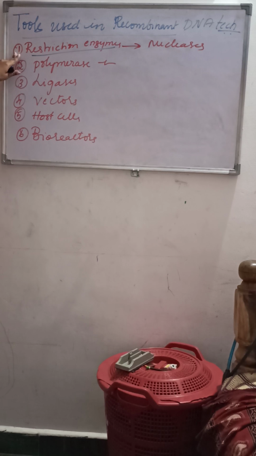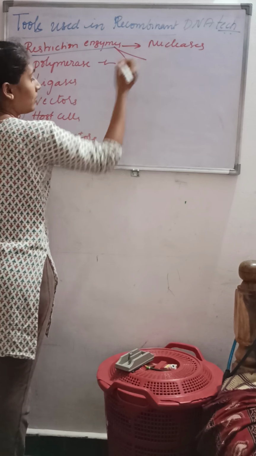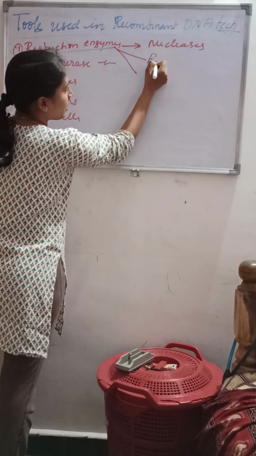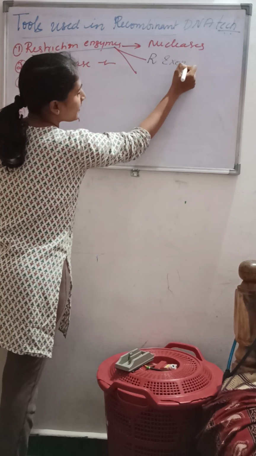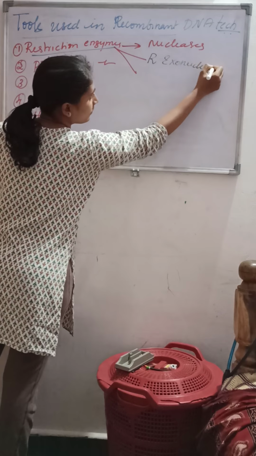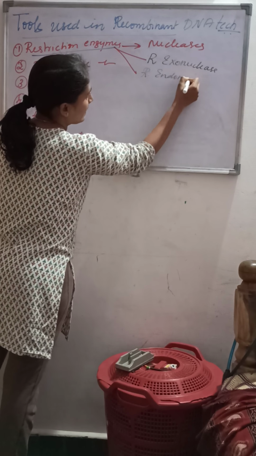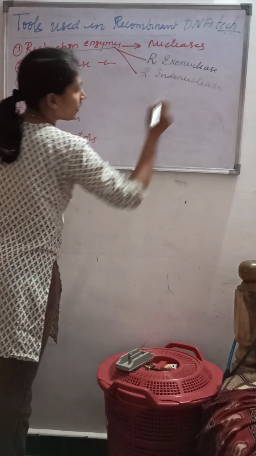There are two types of restriction enzyme, that is restriction exonuclease and restriction endonucleases. Understood?